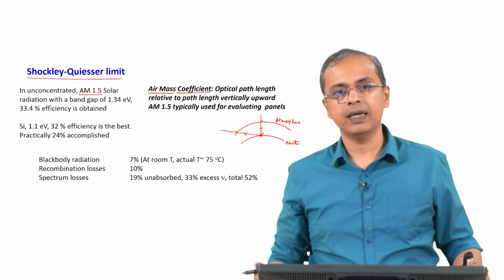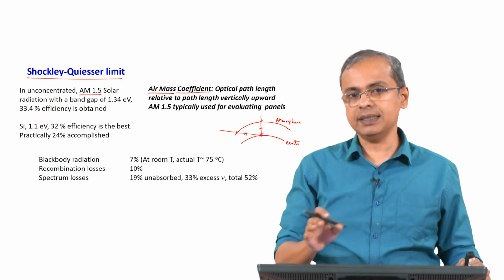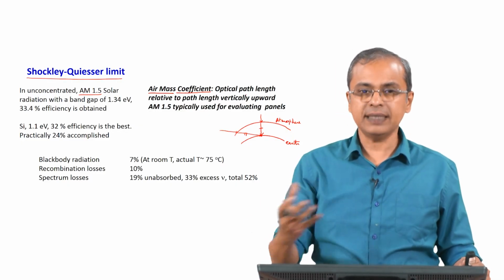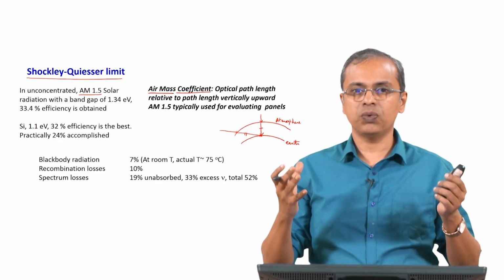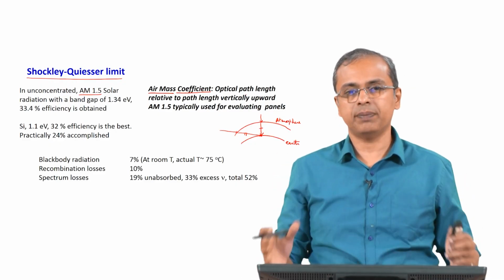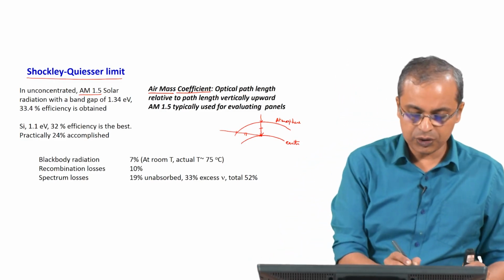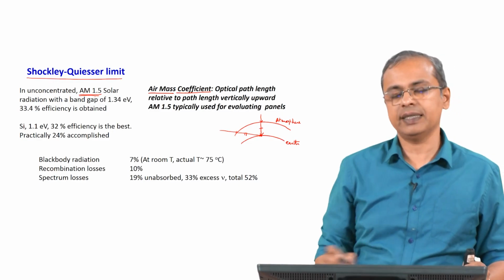Now, it turns out that in most of the studies carried out to figure out how well a particular solar cell will function, they typically prefer to use AM 1.5 solar radiation.